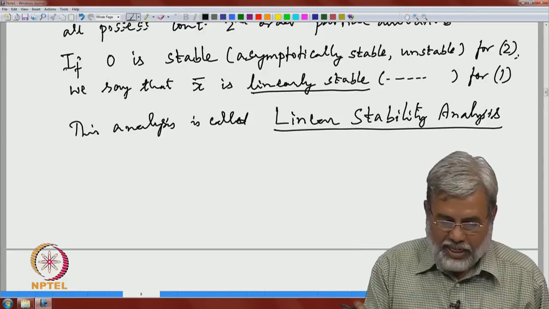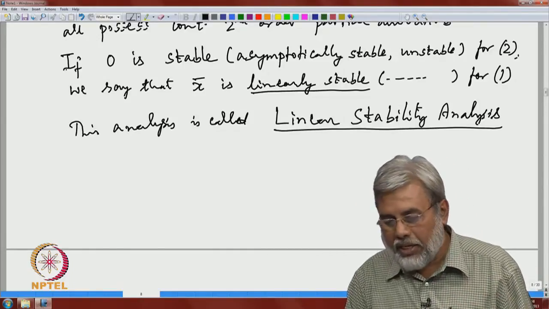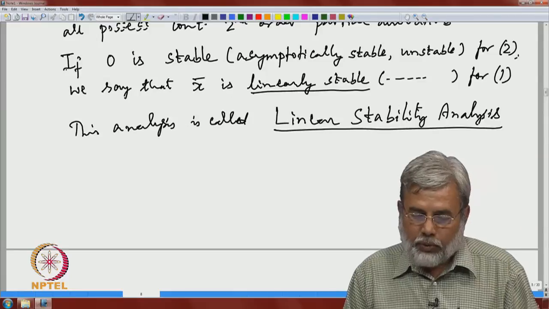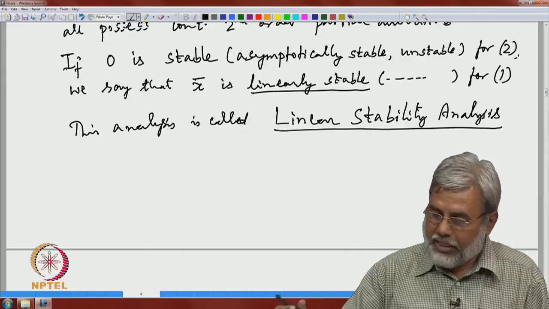Okay. Linear stability analysis gives you something, but to see some examples, it may not be the case with the original nonlinear system. Okay. So, just consider one example.